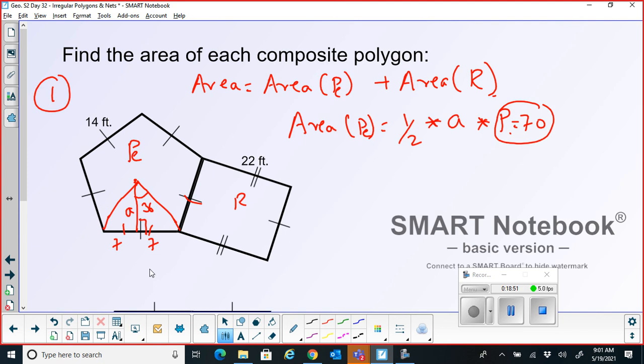So I can use tan 36 degrees equals 7 over apothem. If I rearrange, apothem equals 7 over tan 36. 7 divided by tan 36 gives us 9.635.